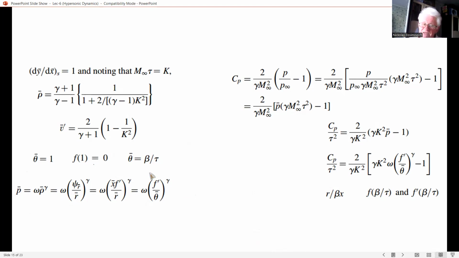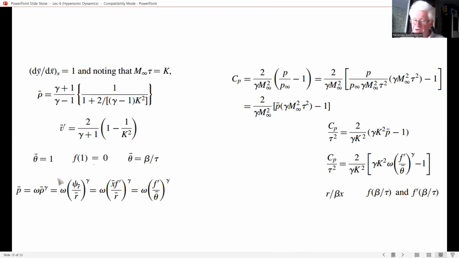In turn, the pressure coefficient can be combined into the form at the top of the right side, divided by this expression by tau squared. Noting that k is proportional to M infinity times tau, the preceding equations become a more compact form, as you can see in the middle of this right side plot.